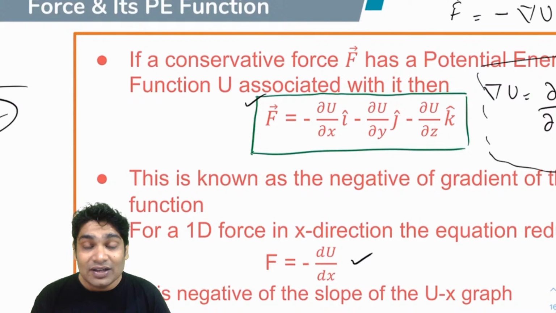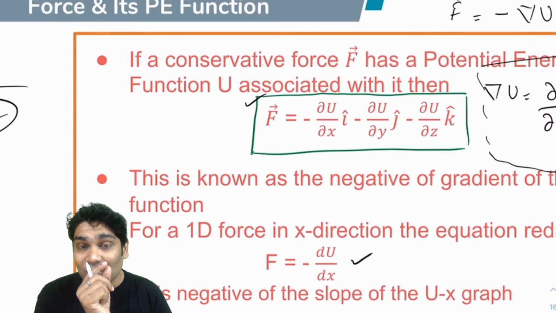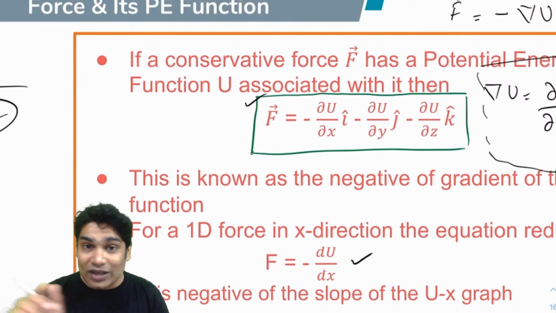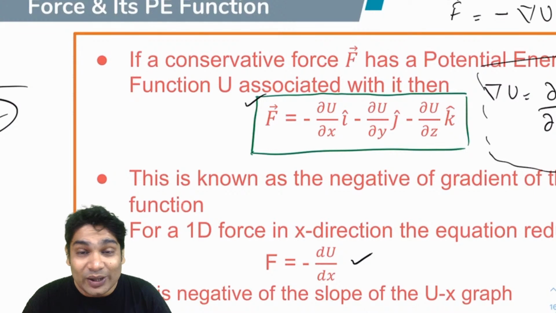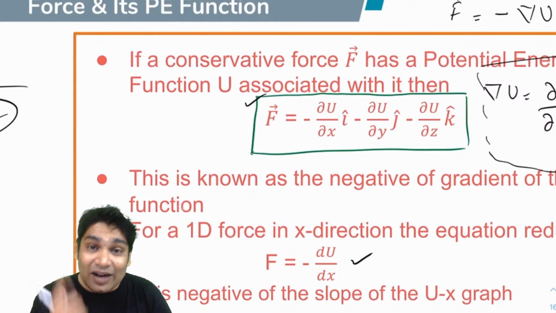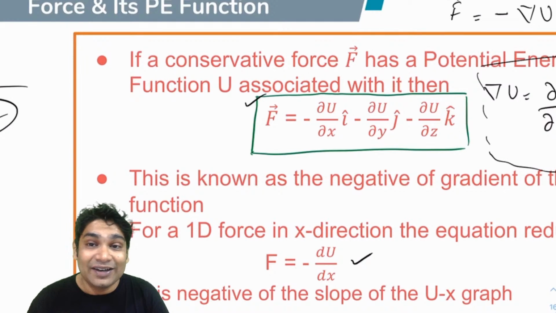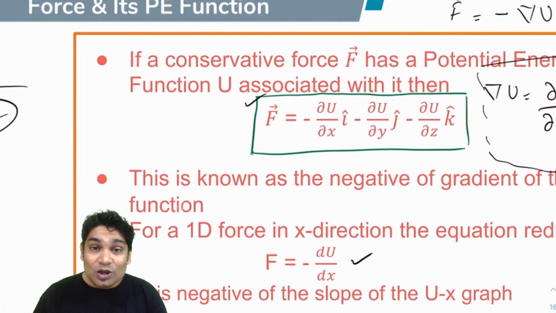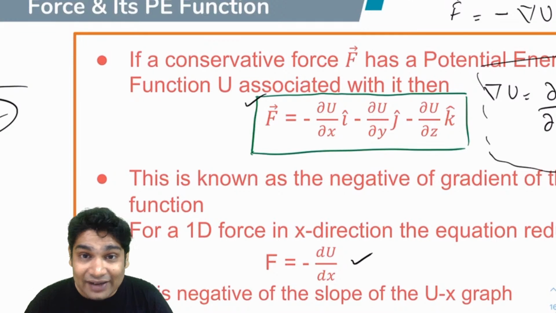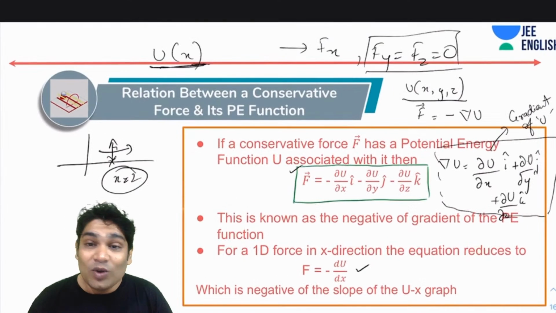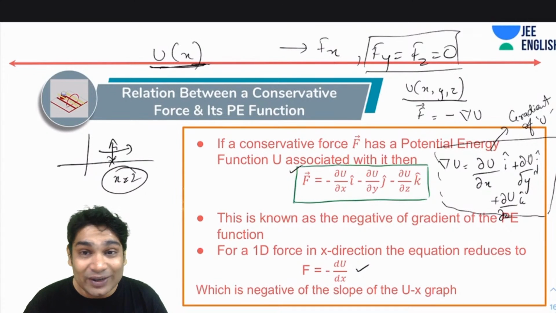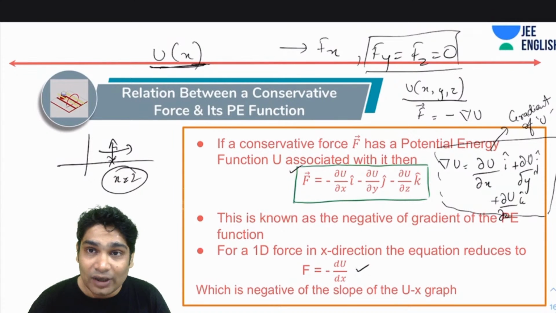Partial derivatives mean that at one point I'm going to take only one as variable and the rest two as constant, right? I hope you guys know that. So in case u is only a function of one variable, then I write the derivative as du over dx. Alright. So for a 1D force, I can write f directly as minus du over dx, which is the negative of the slope of the u-x graph.